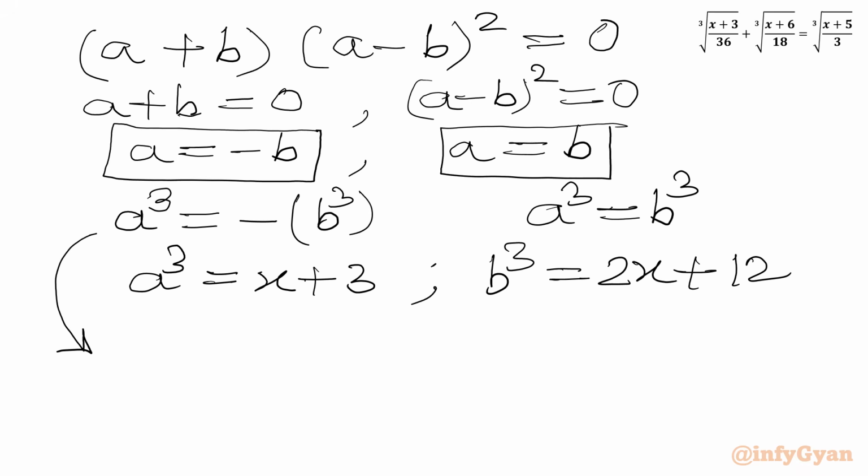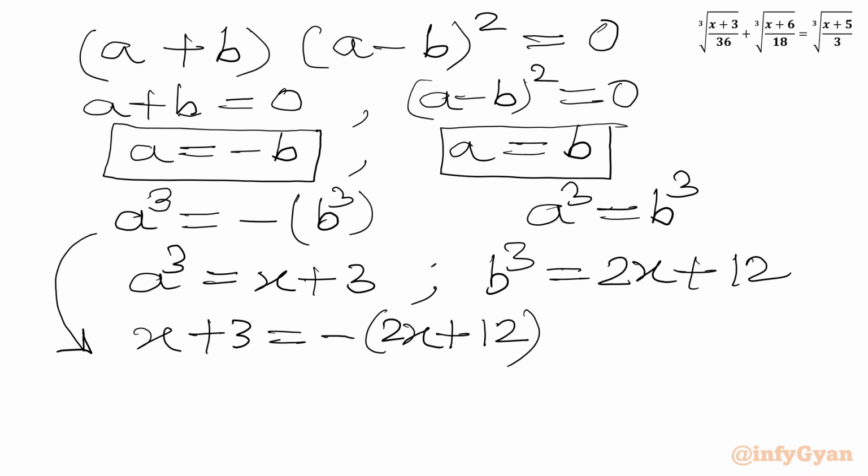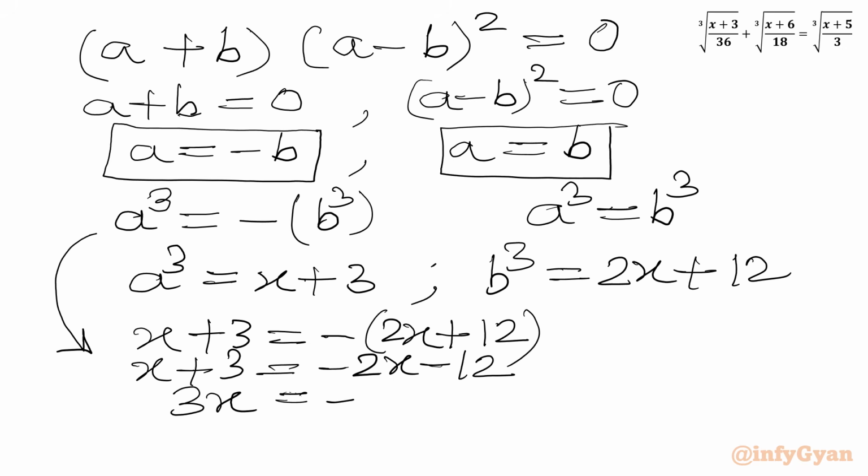In place of a cube we will write x plus 3, in place of b cube we will write 2x plus 12, and the minus sign will be there. Now I can write x plus 3 equal to minus 2x minus 12, or we can write 3x will be equal to minus 15. Now we will divide both sides by 3. We will get x equal to negative 5.